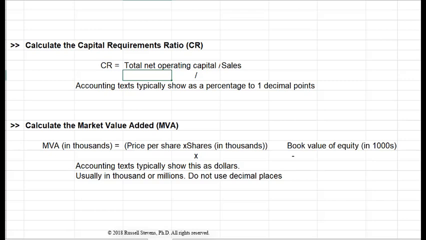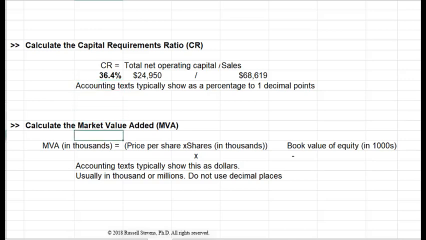Enter 24950 under the total net operating capital, and enter 68,619 under Sales. Enter the formula by typing in an equal sign, highlight the 24,950, enter a slash to denote division, enter 68,619, and press enter.